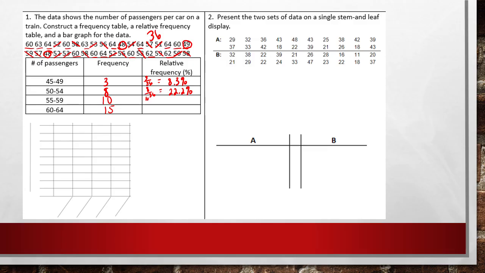Then my 10 over 36, if you divide that and then change it to a percent, we get 27.8%. And then the 15 over the 36, divide it, change it to a percent, is 41.7%.